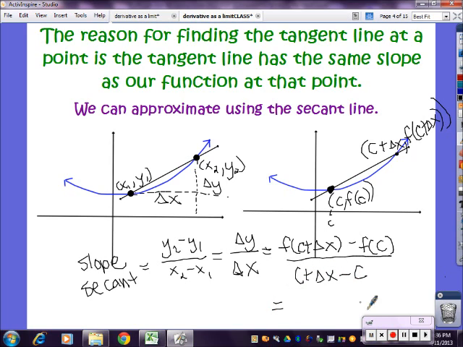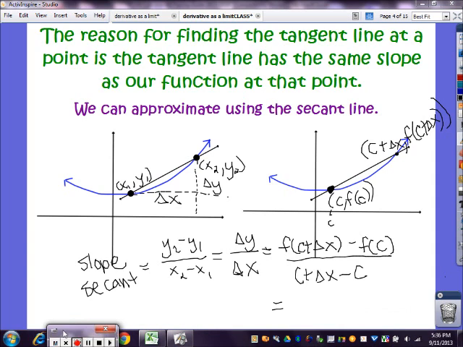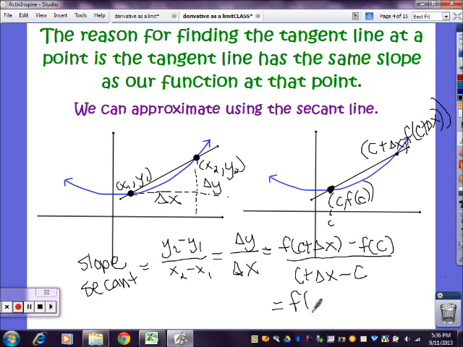So this simplifies to f of c plus delta x minus f of c, over delta x. This is the notation you're going to see in your calculus textbook, especially when they start talking about the formal definition of a derivative. But this is the slope of my secant line.